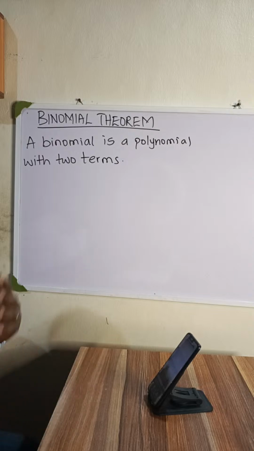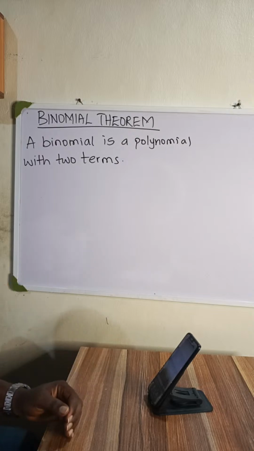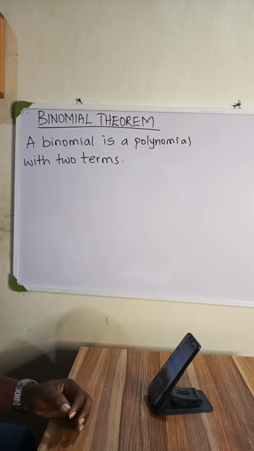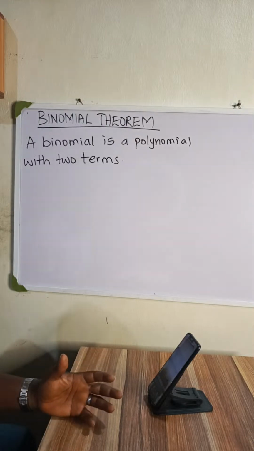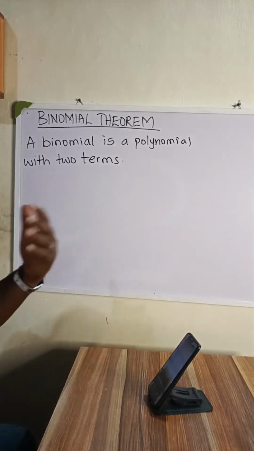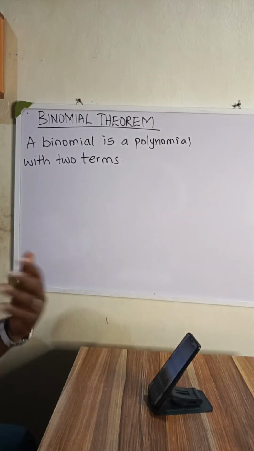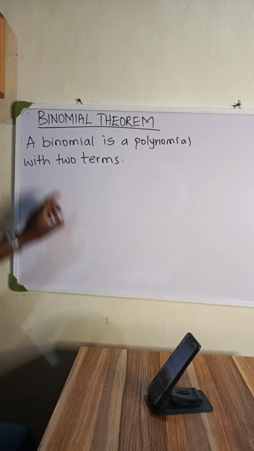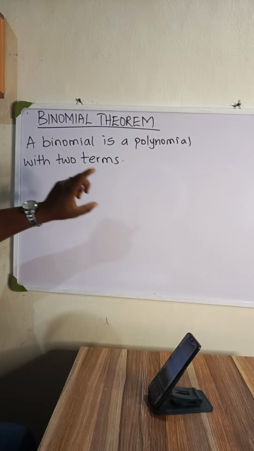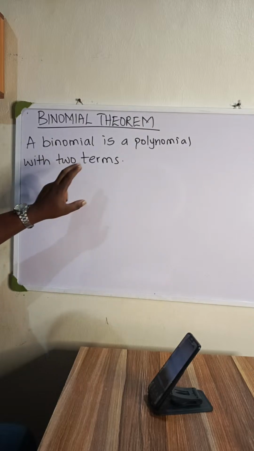We have different types of polynomial. We have monomials, binomials, and trinomials. We also have other polynomials that have 4 sides, 5 sides, and so on. But a binomial is a polynomial that has two terms.